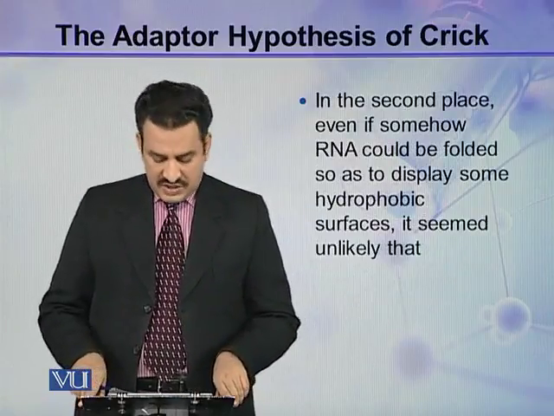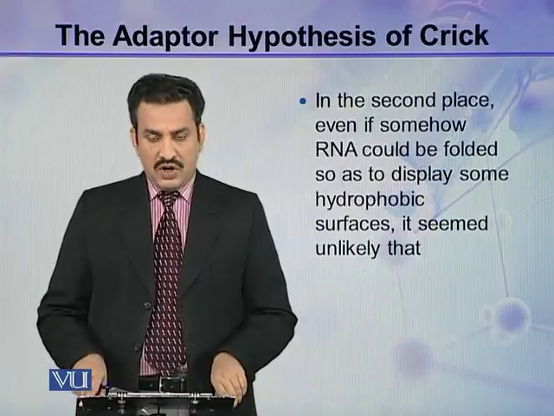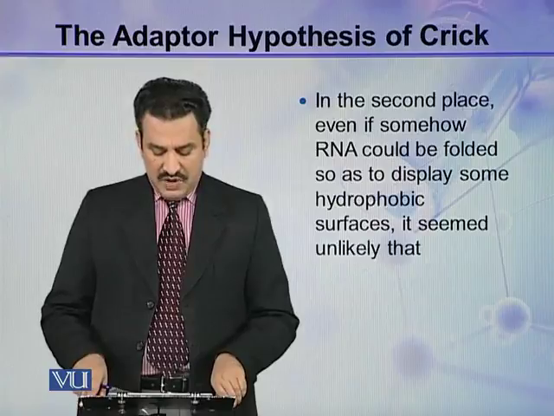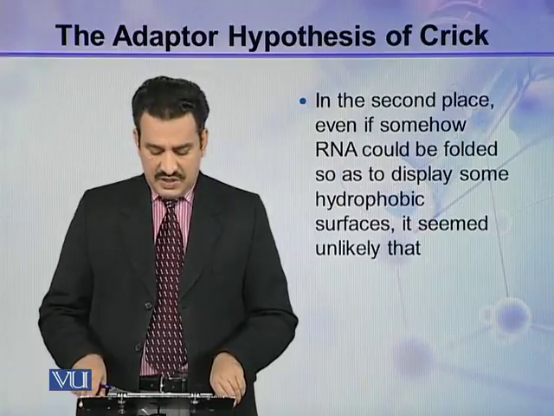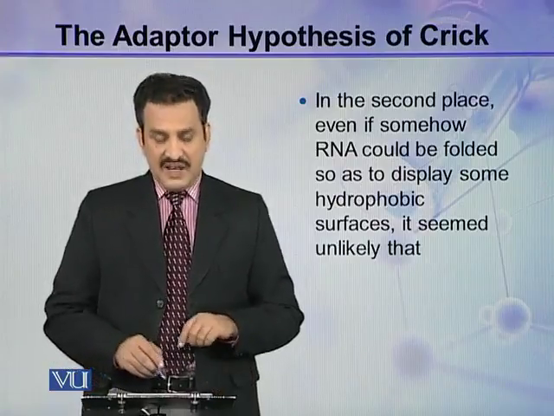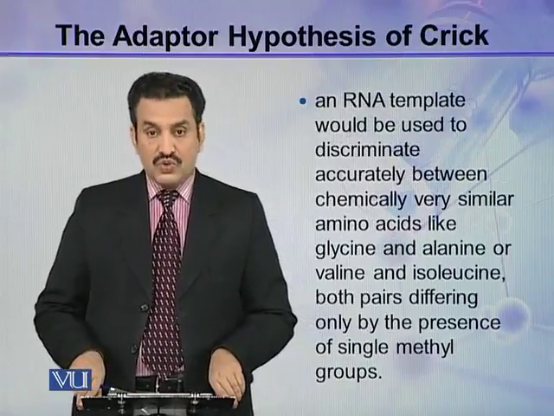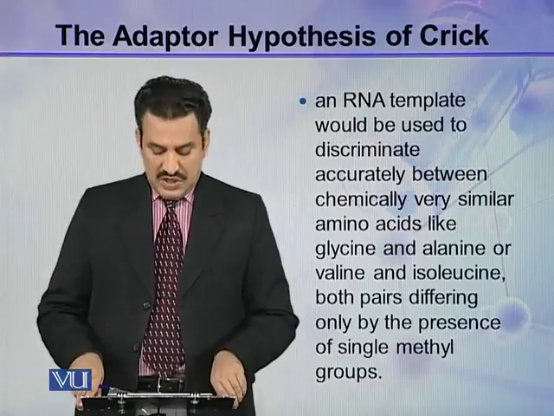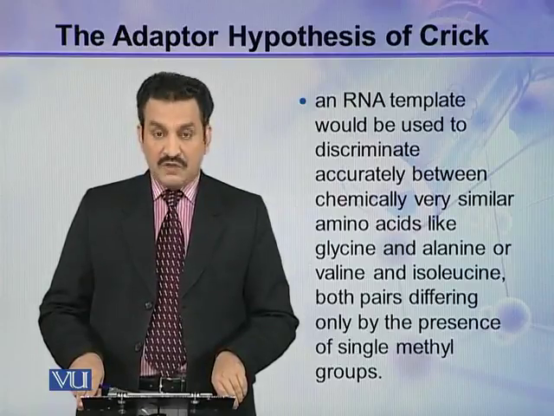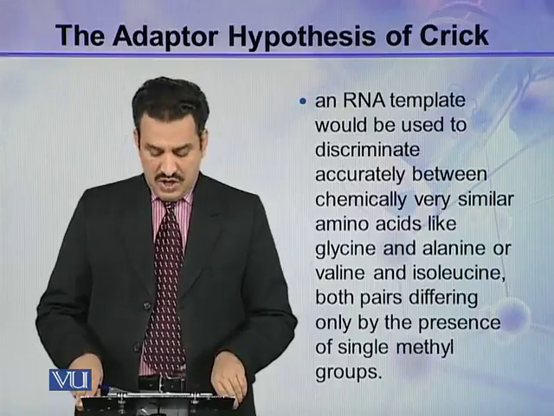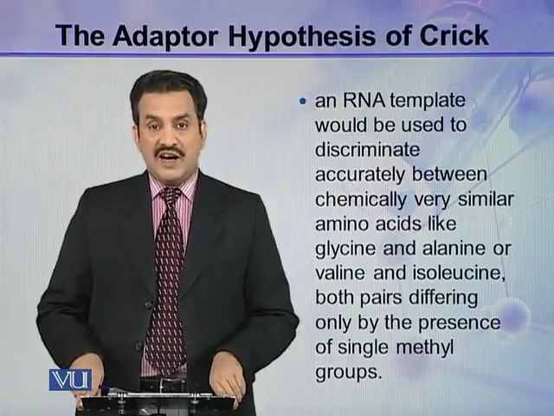In the second place, even if somehow RNA could be folded so as to display some hydrophobic surfaces, it seemed unlikely that an RNA template would be used to discriminate accurately between chemically very similar amino acids like glycine and alanine or valine and isoleucine.